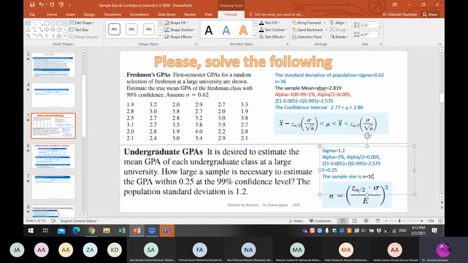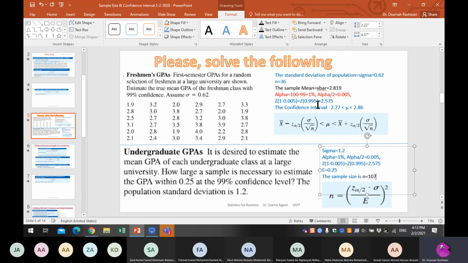It's not rounding, you just take the next whole number, because this is the minimum sample size. If you take it bigger, you reduce the error, as we said last time when we discussed the sampling methods. The larger the sample size, the smaller the marginal error, or the smaller the sample error. Catch it?